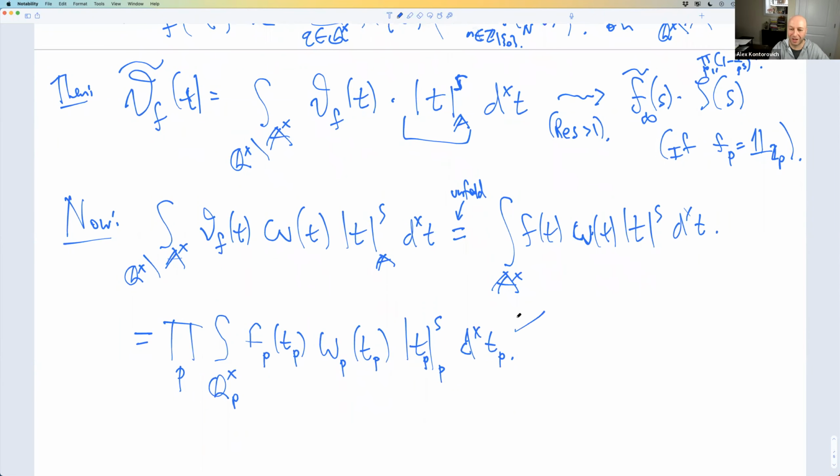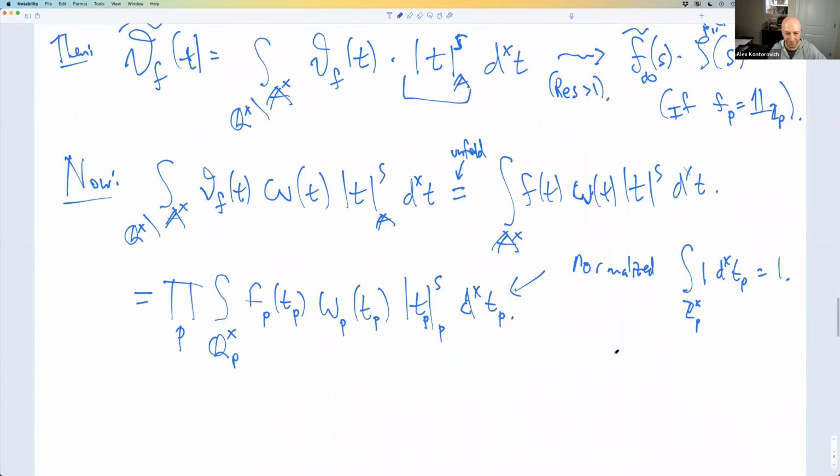Remember, this is normalized. It's like 1 over p minus 1 or something. Yeah, there's a constant that we have to put, or we can just remember that the integral of Z_p cross of 1 is 1. Exactly. That's how we made that normalization.